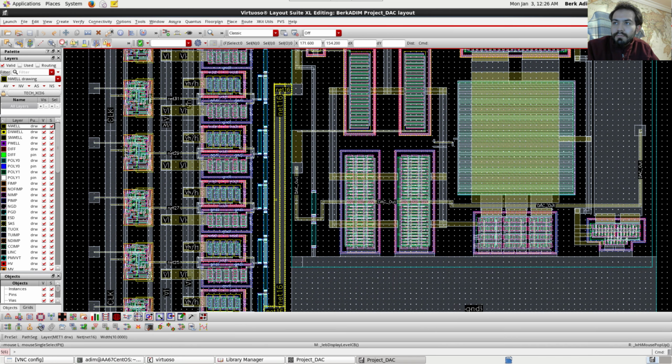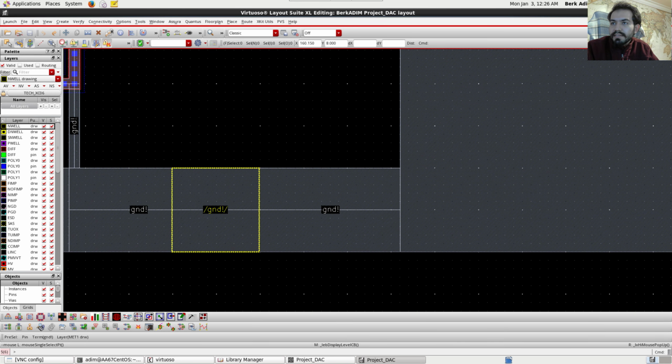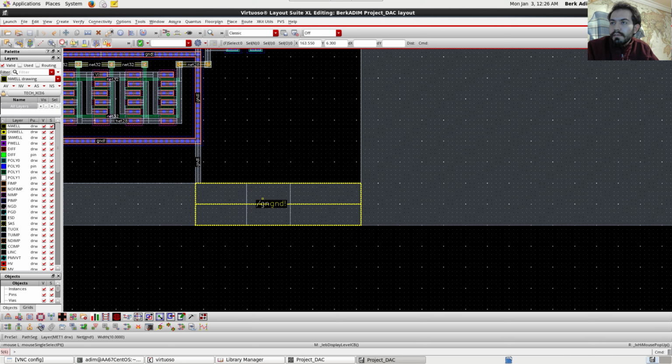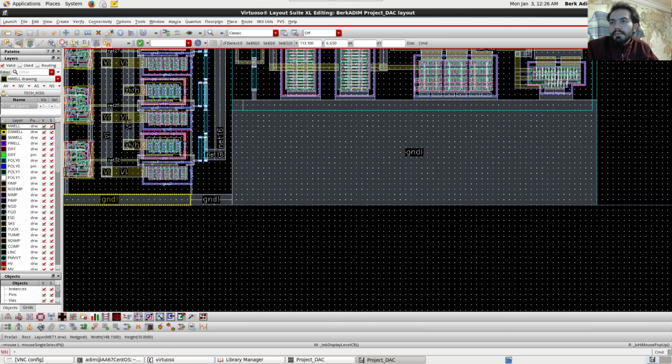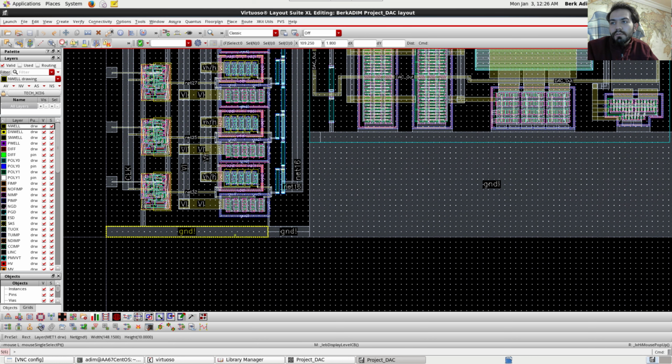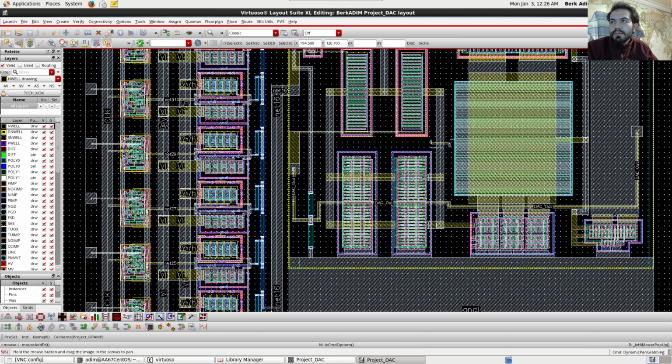And to prevent the same thing in the ground portion, we actually made a star ground. This is our ground pin here. We made a star ground connection here. So the currents given to ground or taken from the ground by the digital part of our circuit do not go through the ground connection of the analog part of our circuit.